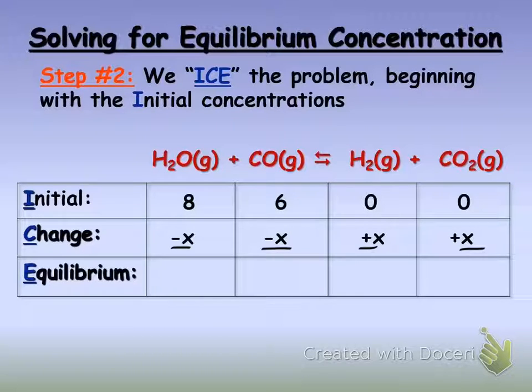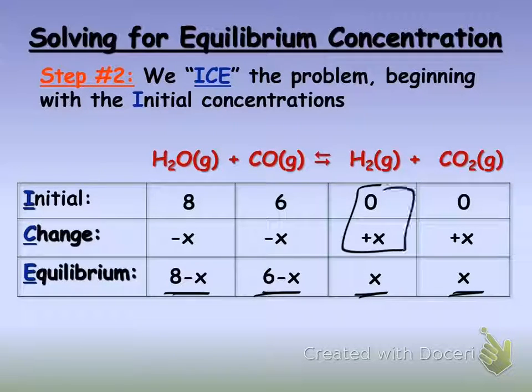So equilibrium is conveniently written as 8 minus something, 6 minus something, and then that something will be made. Literally, what is 0 plus x? X. Literally, what is 6 minus x? 6 minus x.